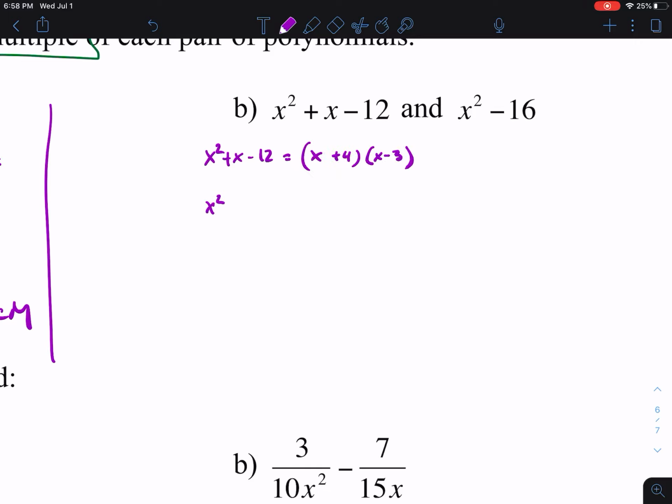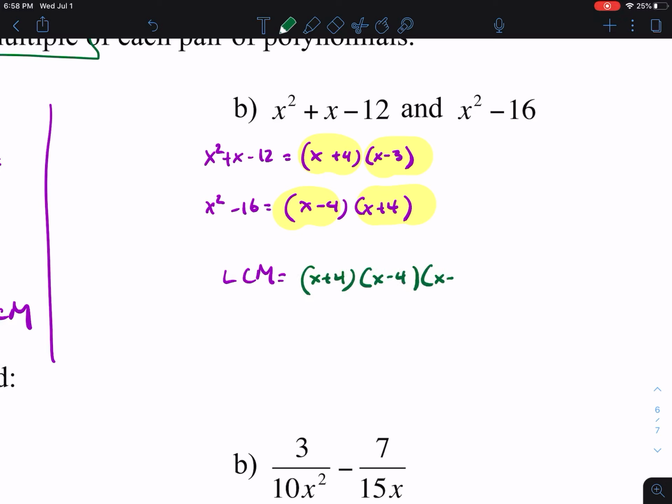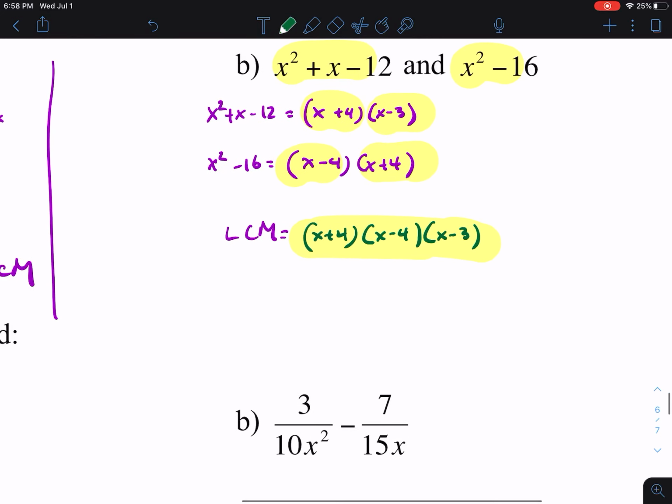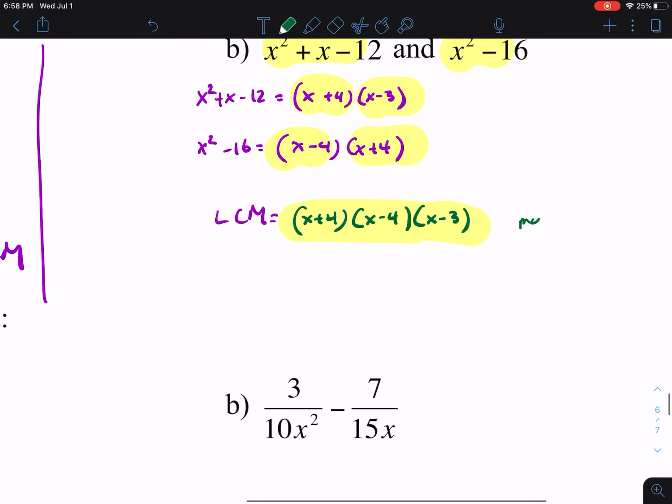The LCD, the LCM, must consist of the factors from both of these. So it must have the factors x plus 4, x minus 3, and x minus 4. That is the LCD or LCM polynomial that both of these polynomials divide into.